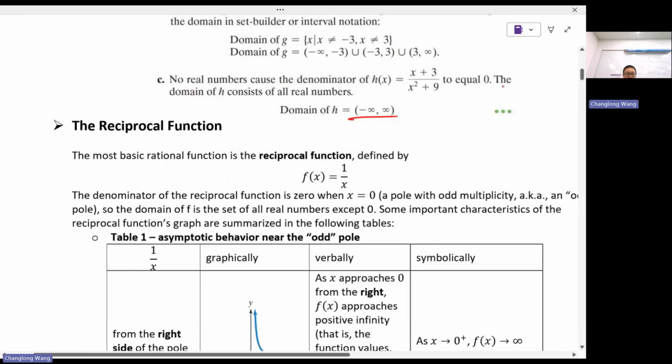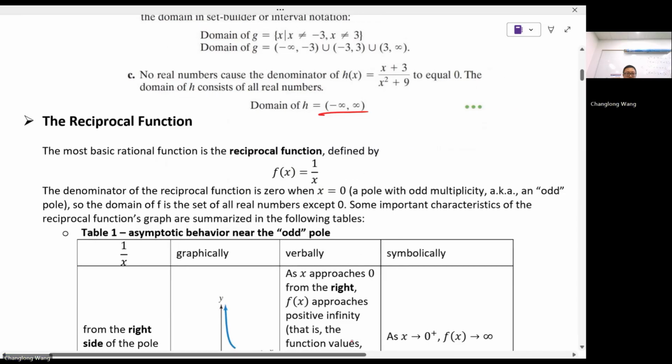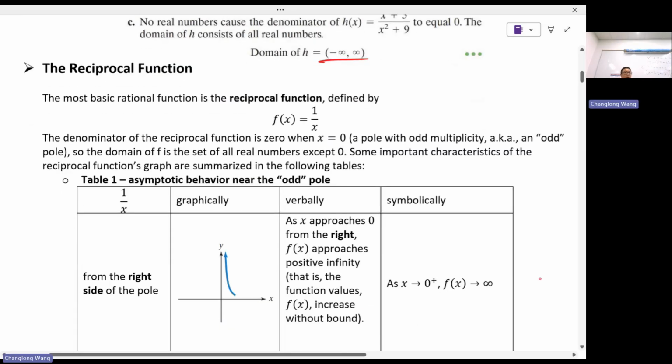All right, so now moving on to the so-called reciprocal functions. But at this point, we should start comparing things that we have talked about back in 3.2, right? What we know about polynomials.